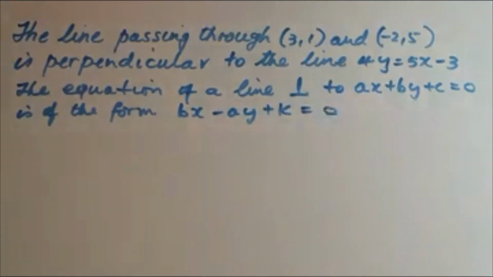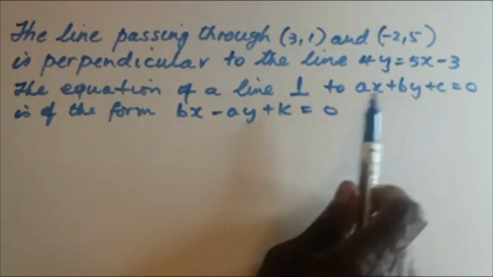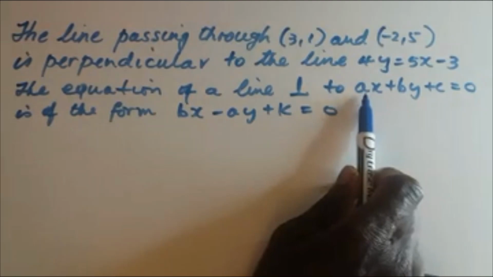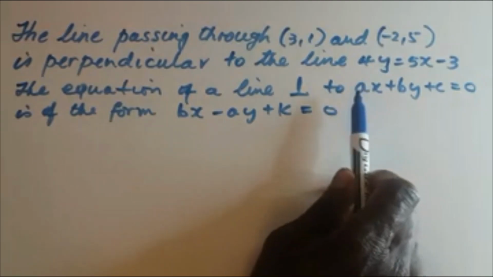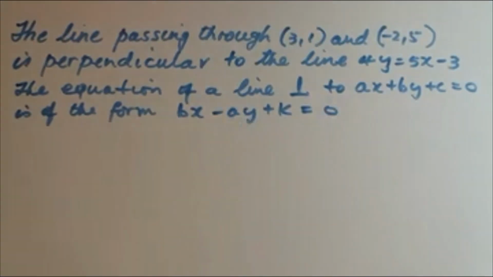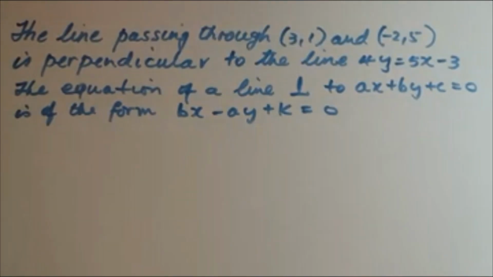Notice we've swapped: we've used the coefficient of y as the coefficient of x, and minus the coefficient of x as the coefficient of y. So what we need to do is rearrange our equations in these 2 forms, and then check whether it indicates that these 2 lines are perpendicular.